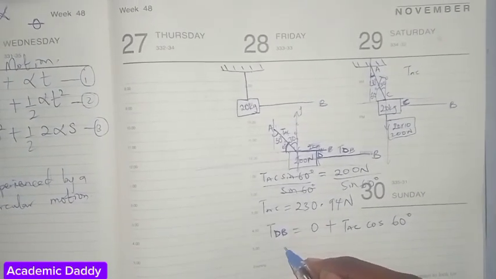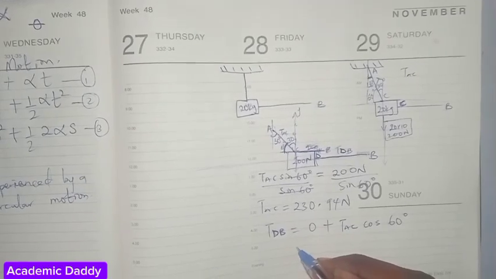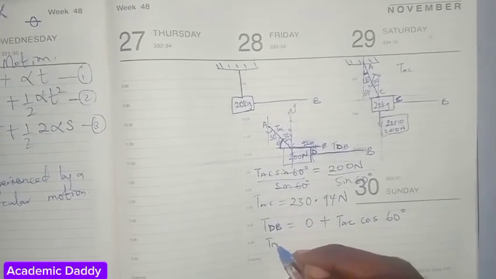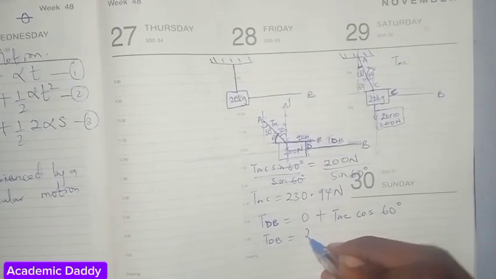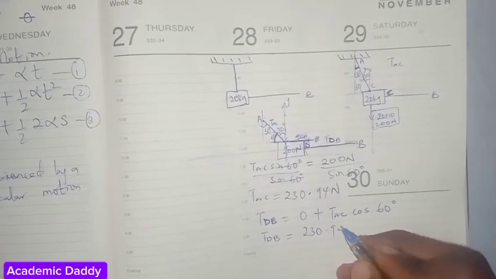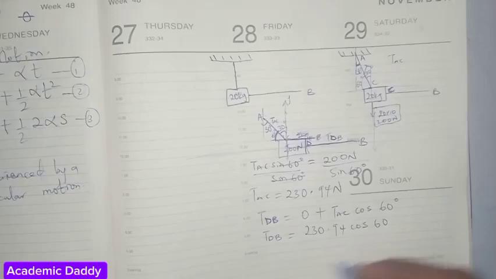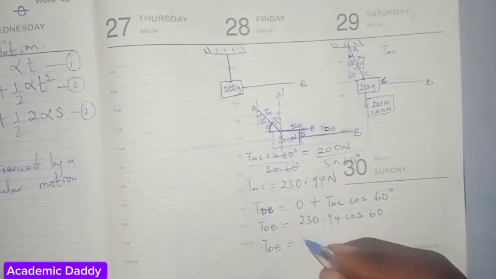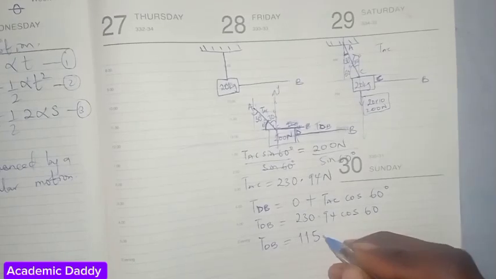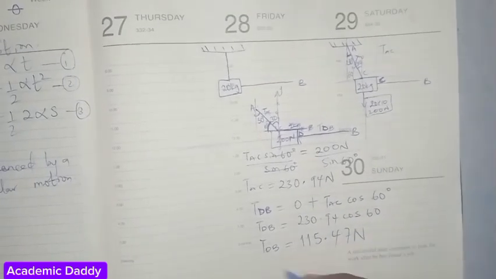So TDB is equal to TAC, which is 230.94, times cos 60, and anything plus 0 is that thing. So by the time you do it, TDB is equal to 115.47 Newton.